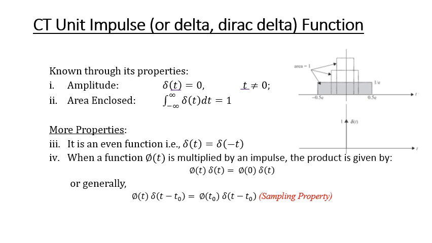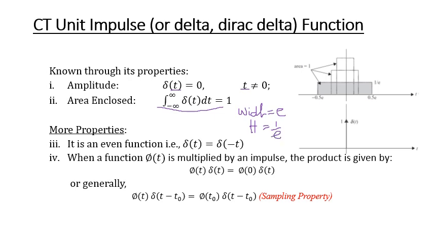And here we define the area. So the area enclosed by the impulse function equals 1. So how is it 1? For example, area equals width times height. Here we take the width equal to, for example, e, and the height equals 1 by e.